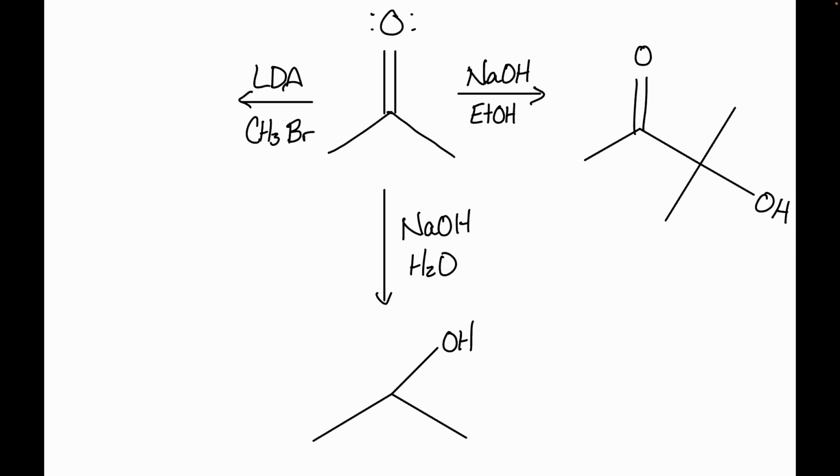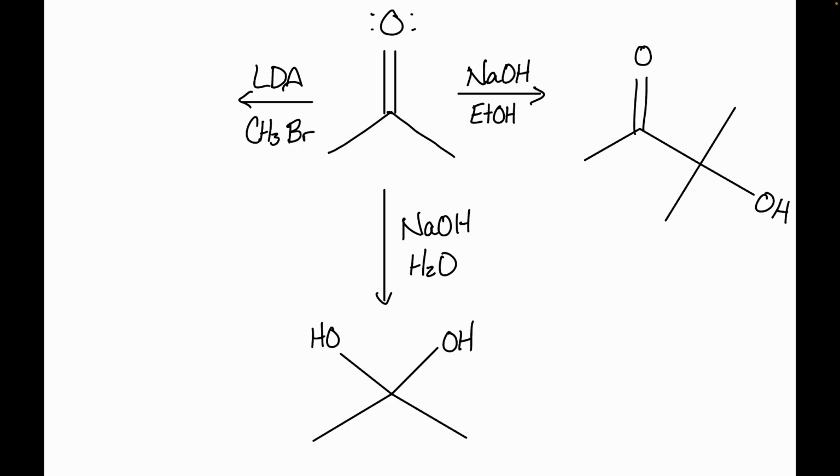So we would get that gem diol product. If we use it in ethanol, it really can't form those hydroxide ions that are playing the role of nucleophiles, so it just plays the role of a base.